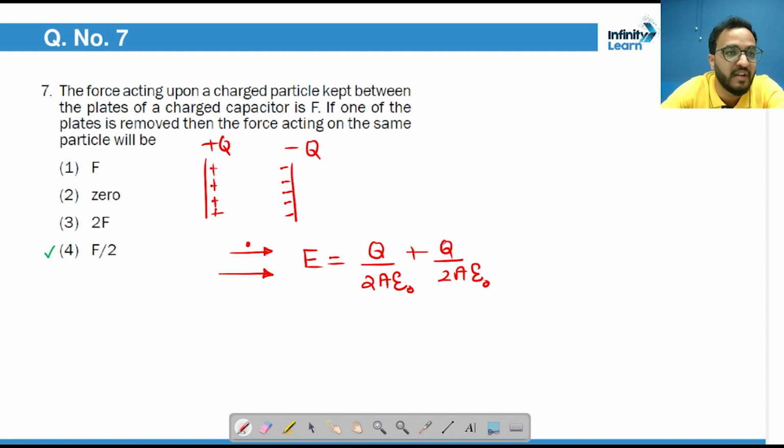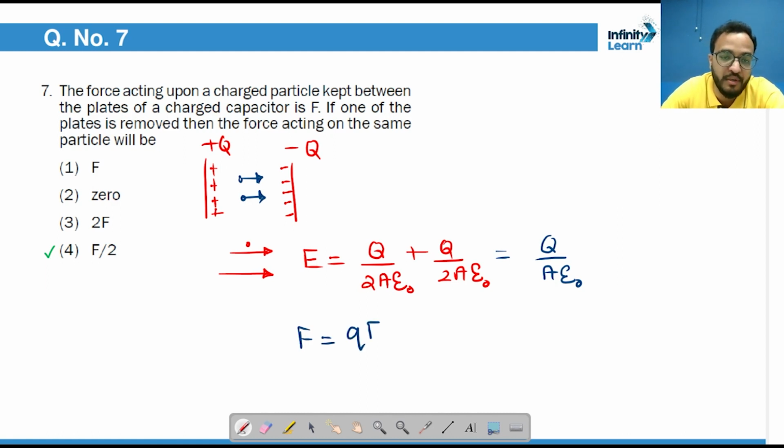Both are in the same direction. Why? Because of the positive plate, the field will be in this direction. Because of the negative plate, also the field will be in the forward direction, right? So we will add up these fields and we will say Q by A epsilon naught is the total field inside. So what is the force acting on another charge which is kept there? F is equal to Q into E.